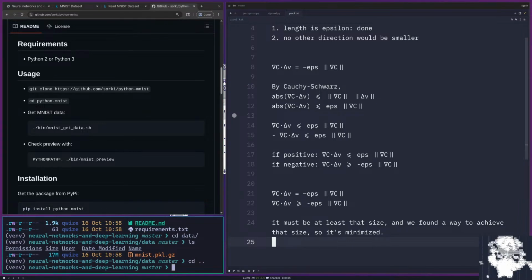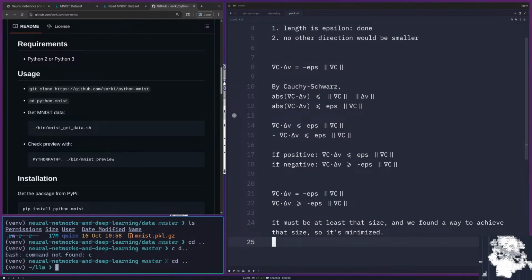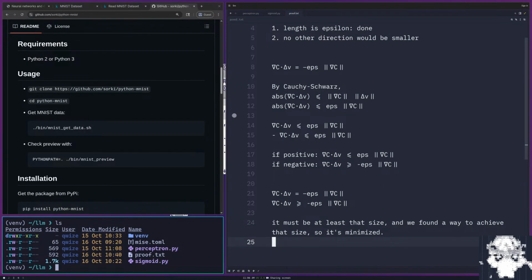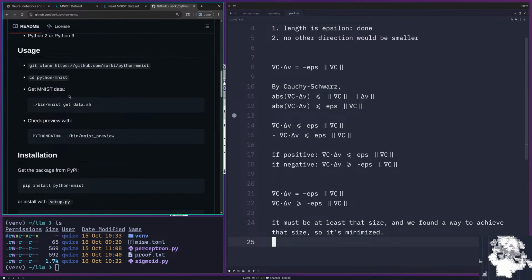So let's get out of here. Let's actually remove the book's version of this. Why would I git clone the repo?